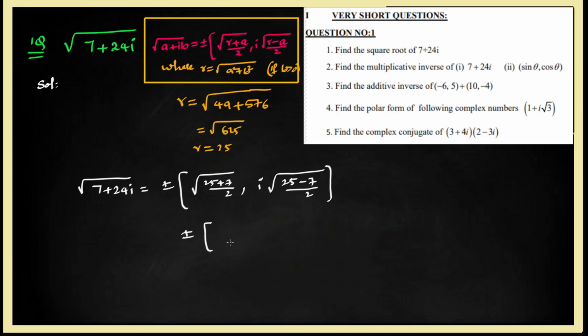So root 16 comma i times 25 minus 7 is 18, 18 by 2 is how much? Root 9. Root 16 is 4 and root 9 is 3. Therefore, the square root of 7 plus 24i is plus or minus 4 comma 3i.